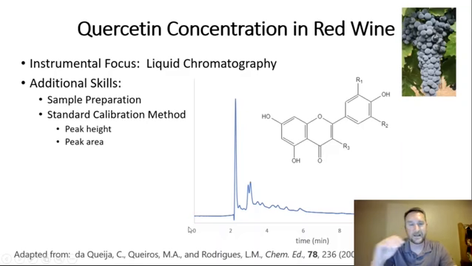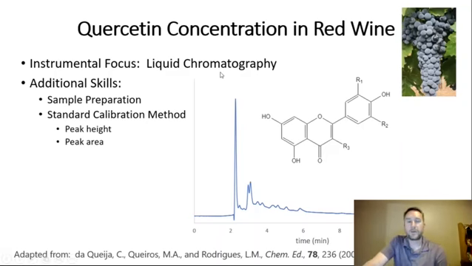You could also do these in dark berries as well. We focused on quercetin because, one, it's easily separated from the other components, and two, it's the least expensive of the flavonoids for me to purchase and for the students to get a sense of how the experiment is conducted.